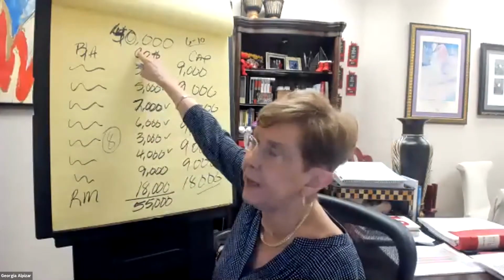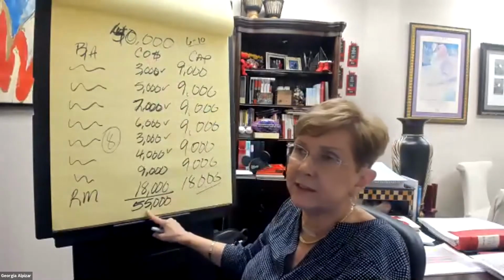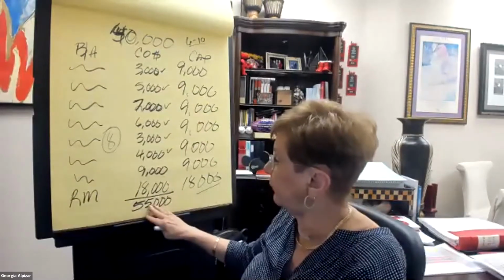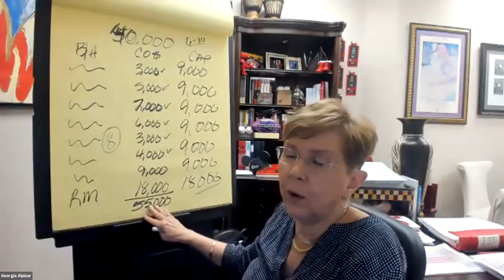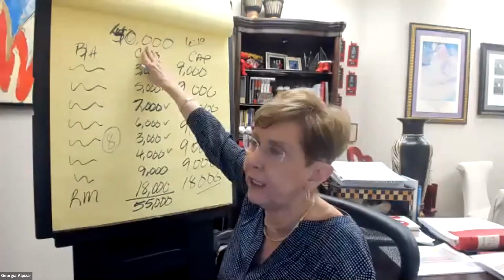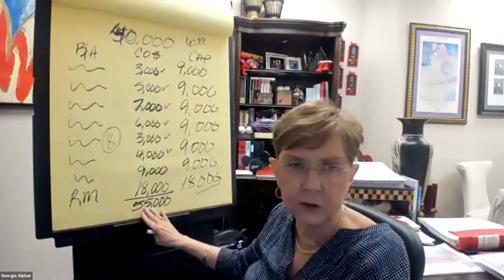Well, if our team cap is 40,000 and they've paid in as of this month, based on everybody's numbers, 55,000, we owe that Rainmaker back the difference between the 40 and the 55,000, which would be $15,000. Does everybody understand that?